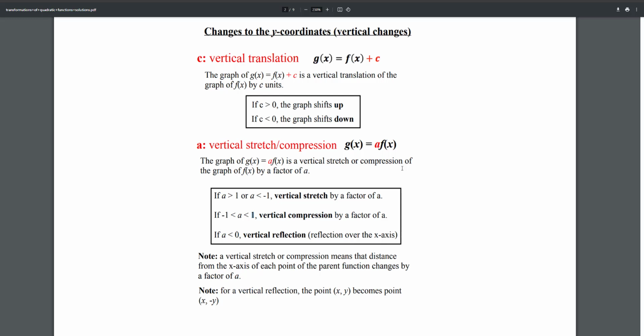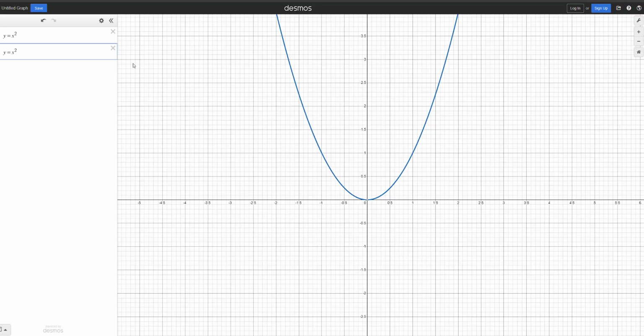Perfect. Someone got it. 0.5. And as I mentioned, there's an infinite amount of values between 1 and negative 1, all the decimal and fractional values. So 0.5, see how the graph gets a little fatter? Let's say I do 0.05. There, it's super fat now. So it's wide.